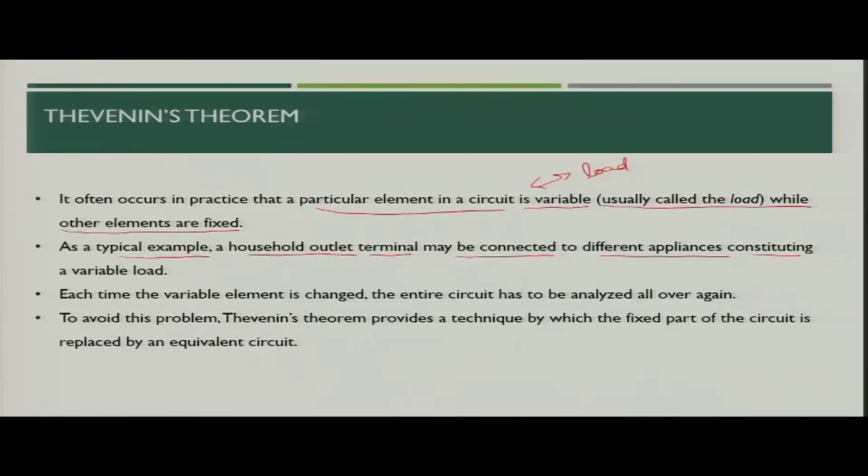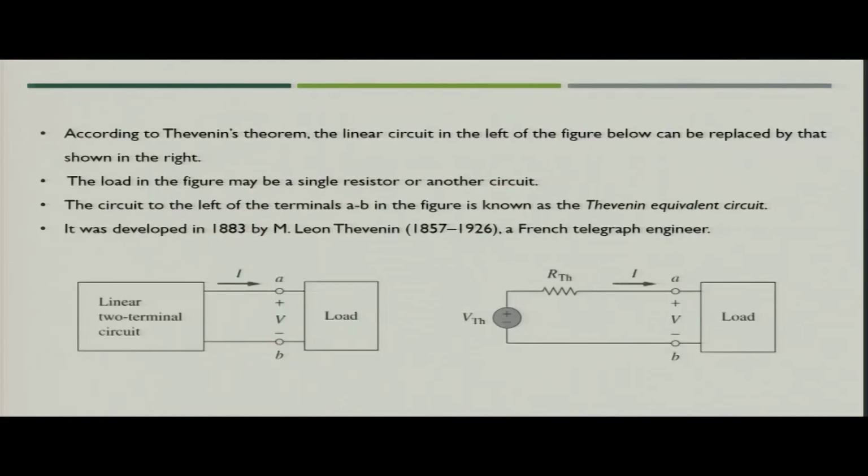To solve that problem we use Thevenin's theorem, because it provides a technique by which the fixed part of the circuit is replaced by its equivalent circuit. According to Thevenin's theorem, the linear circuit in the left of the figure shown below can be replaced by that shown in the right.